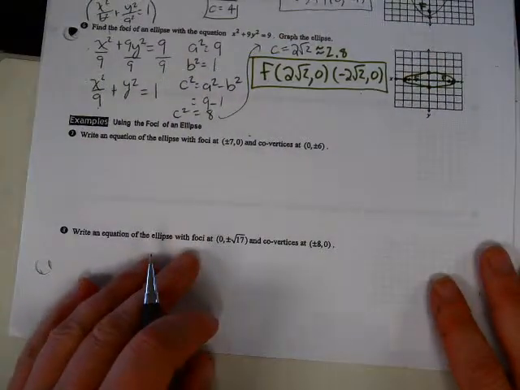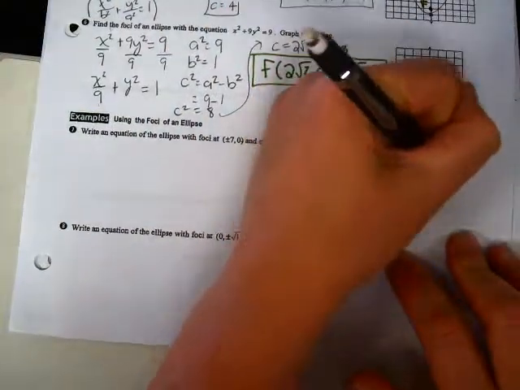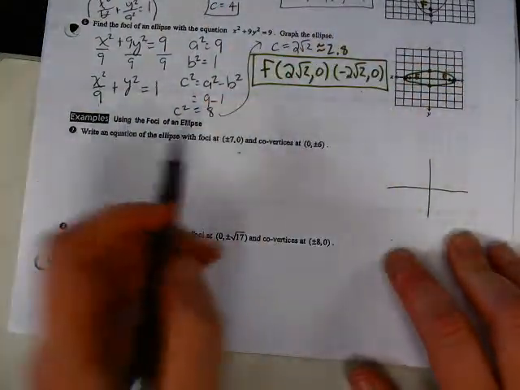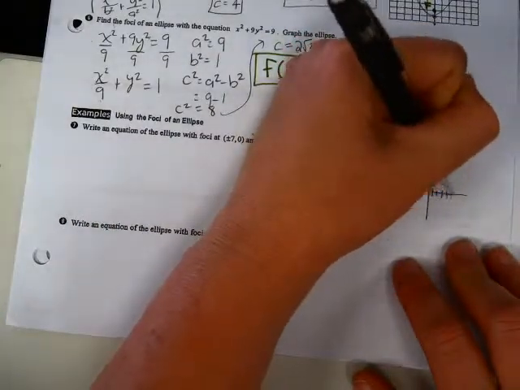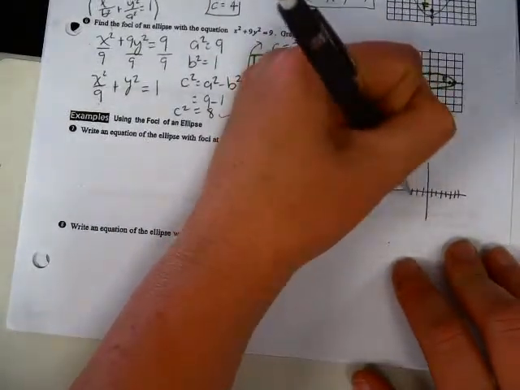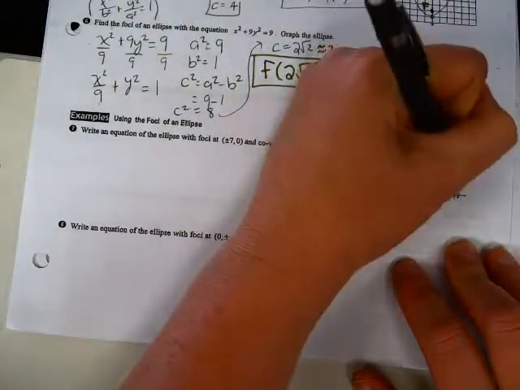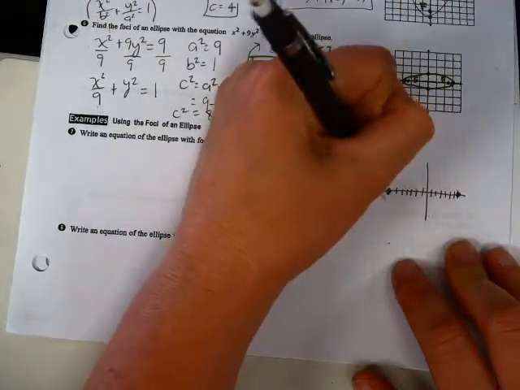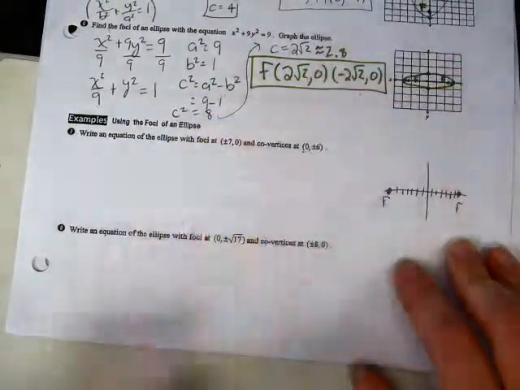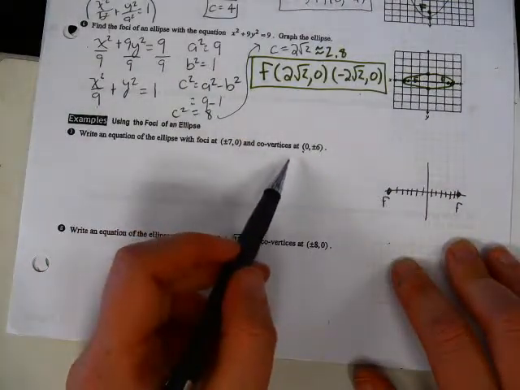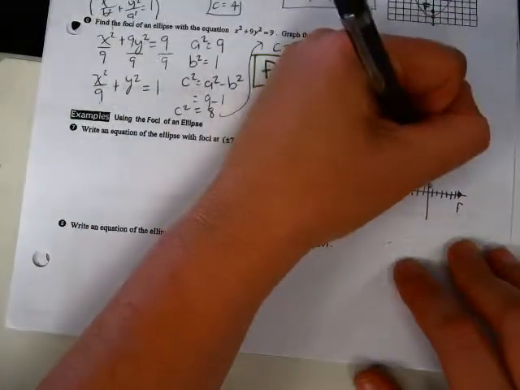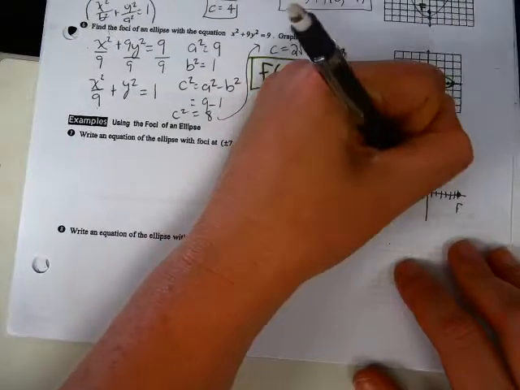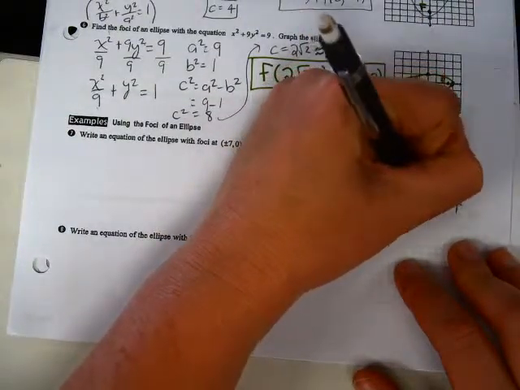This is not asking for a graph, but I'm going to make one to help me. Foci at plus or minus 7, 0: 1, 2, 3, 4, 5, 6, 7. Okay. And my co-vertices are at 0 and plus or minus 6: 1, 2, 3, 4, 5, 6.